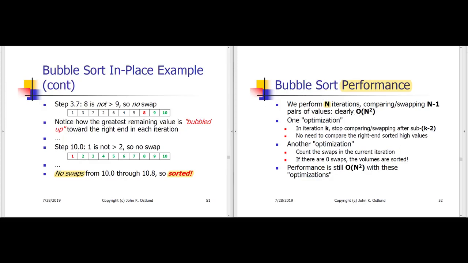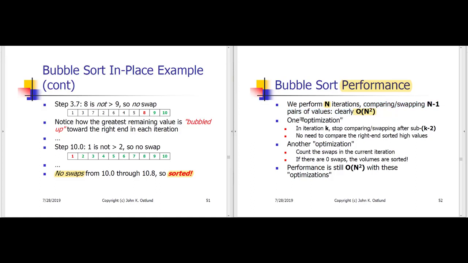So if we assume that comparing and swapping take about the same amount of time, then for n iterations, we're going to do at most 2 comparisons and swaps n minus 1 times. And a little algebra will make it clear that this is an order n squared algorithm.